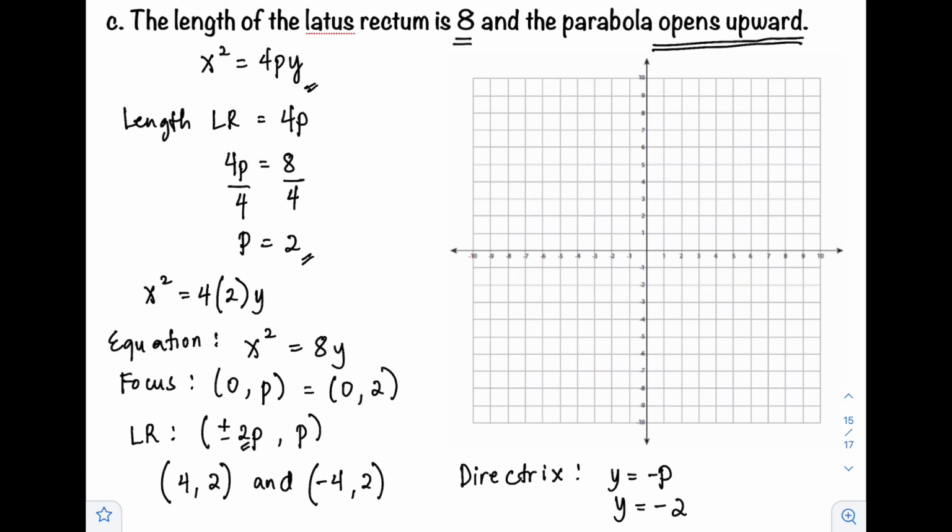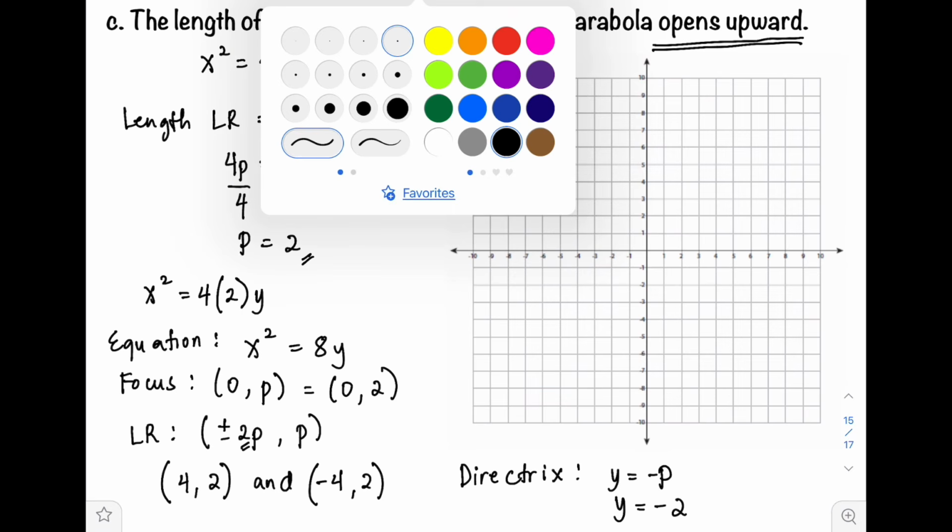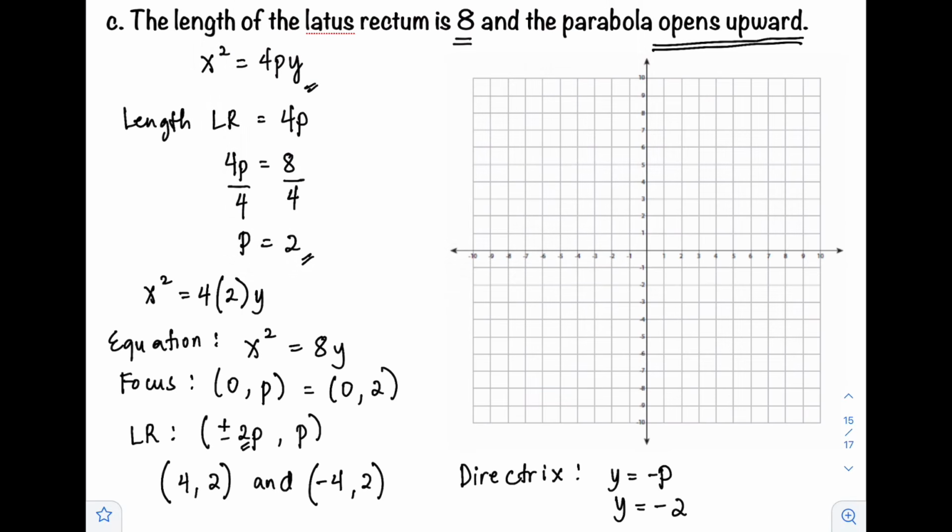Okay, so after natin ma-identify yung ating mga parts ng parabola, try na natin i-sketch. So, again, una is yung ating vertex na makikita sa ating origin. Followed by the focus, which is 0, 2. So, nasa may bandang taas yan ng ating vertex.